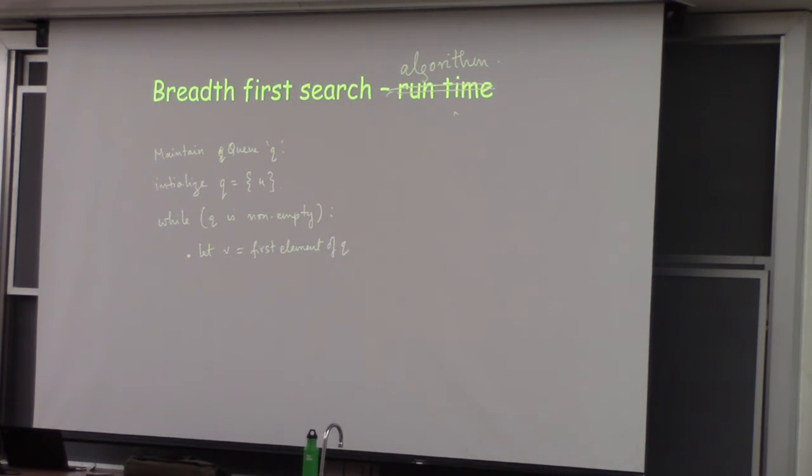So we will pop this queue. Or maybe we'll do that at the end. Okay, so we'll start with the first element, and we have to process it. So what does it mean to process it?